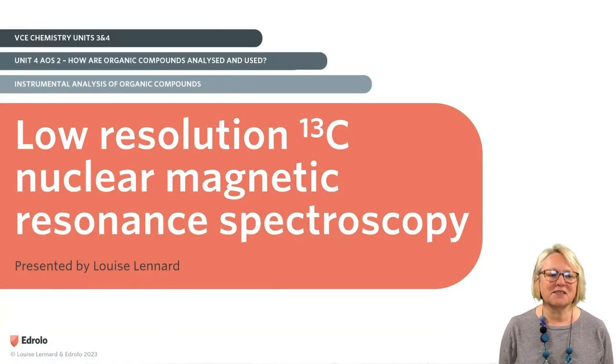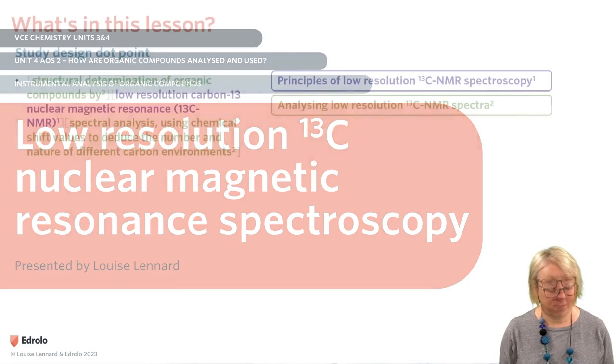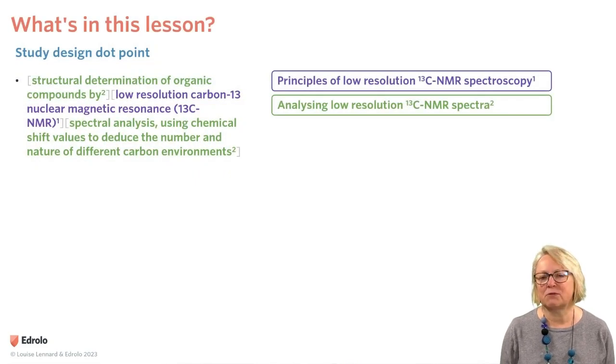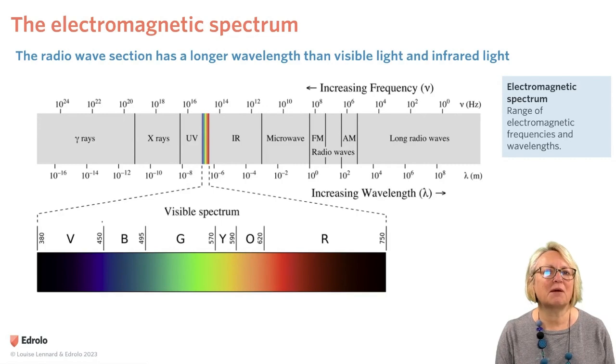Okay, in this lesson, we're looking at low-resolution 13-carbon nuclear magnetic resonance spectroscopy. So the study dot point, we're looking at structural determination of organic compounds using low-resolution carbon-13 nuclear magnetic resonance NMR or spectroscopy. Okay, we've come across the electromagnetic spectrum before.